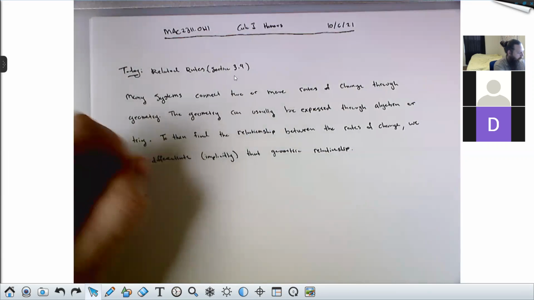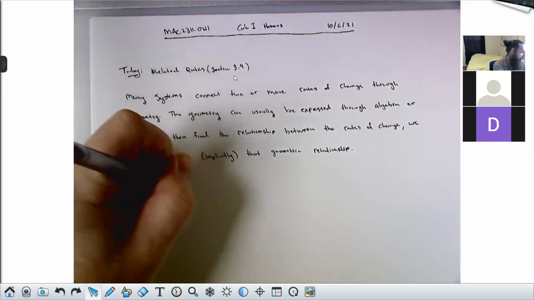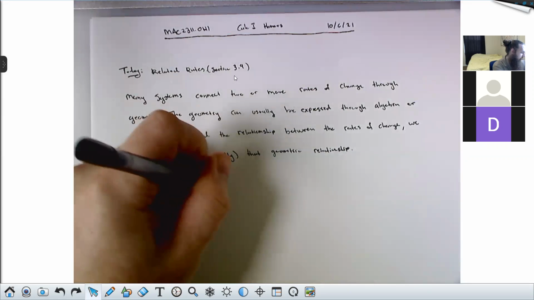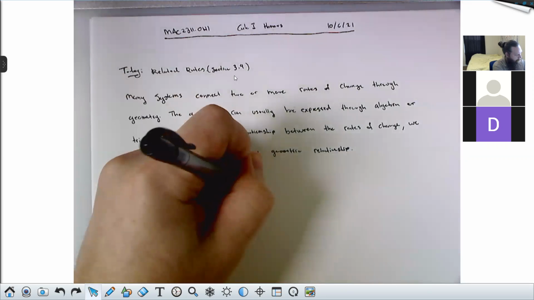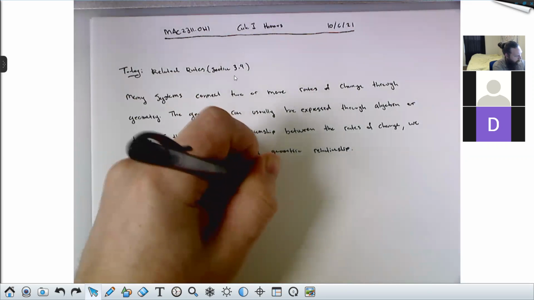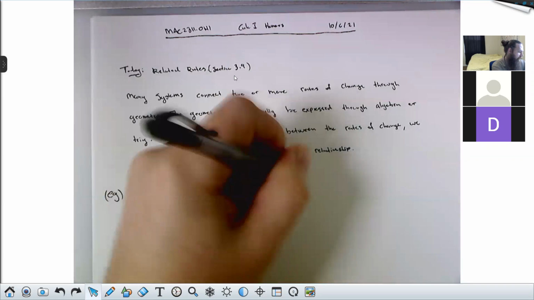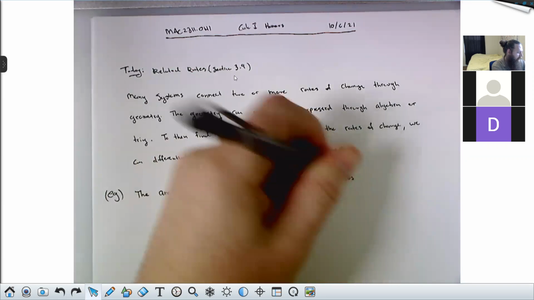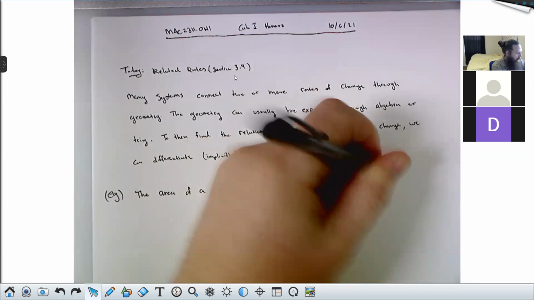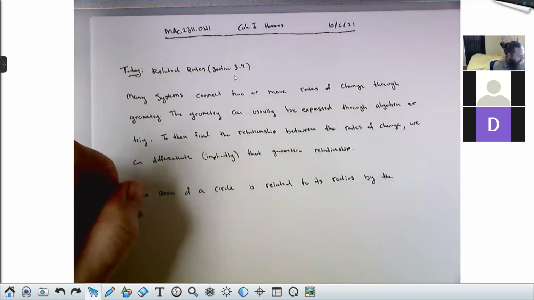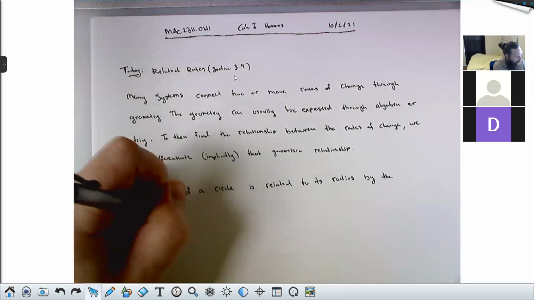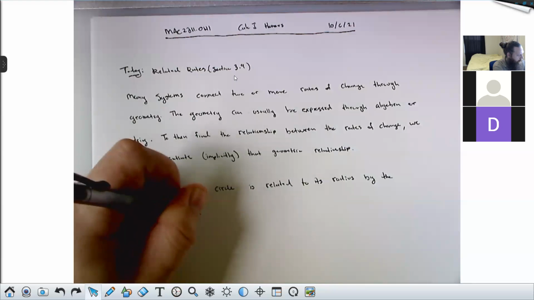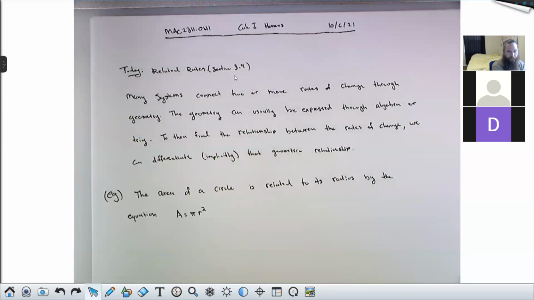The area of a circle is related to its radius by the equation A equals pi r squared. All right, the area is equal to pi times the square of the radius.